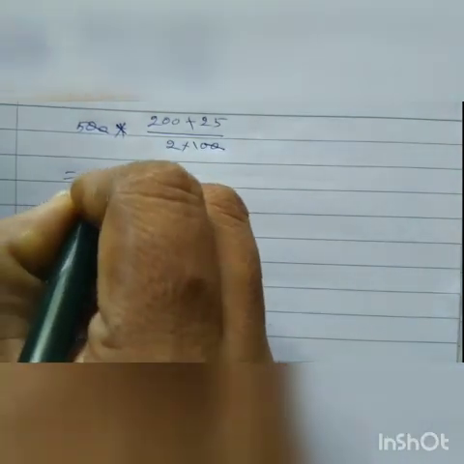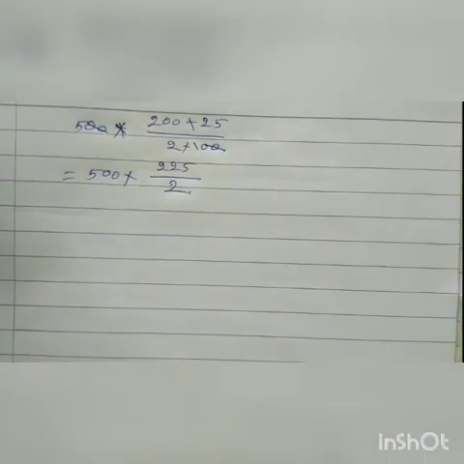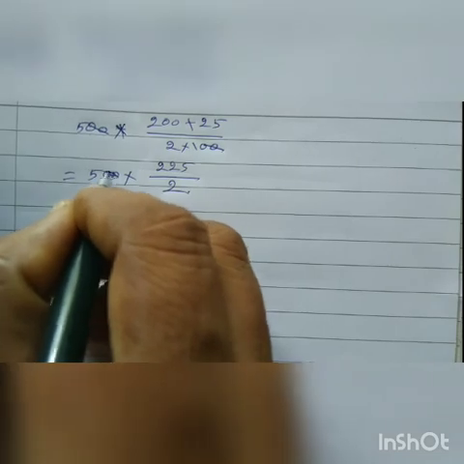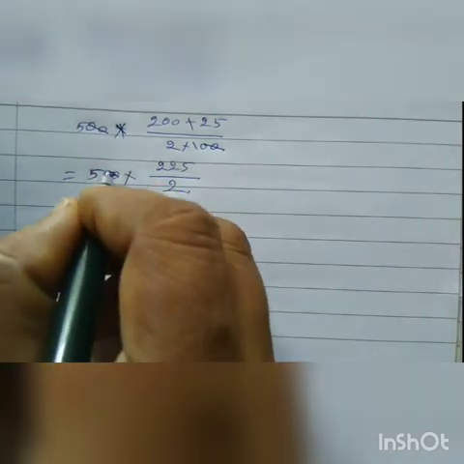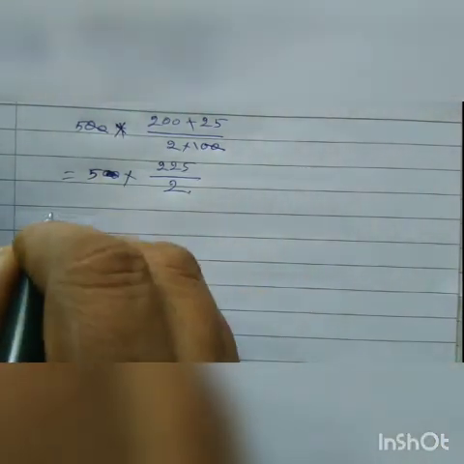So here 500 and 100 are reduced. So what is 500 into 225 divided by 5? 500 is reduced, so 5 into 225 by 2.